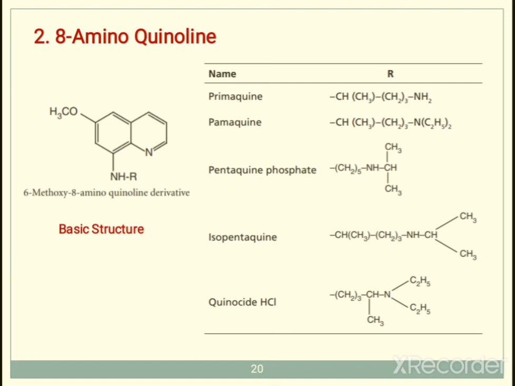Then quinacide hydrochloride, given over here, CH2 3 times CH3 and C2H5. So these are the different examples of 8-aminoquinoline: primaquine, pamaquine, pentaquine phosphate, isopentaquine, and quinacide hydrochloride. So just draw all the structures and practice them.